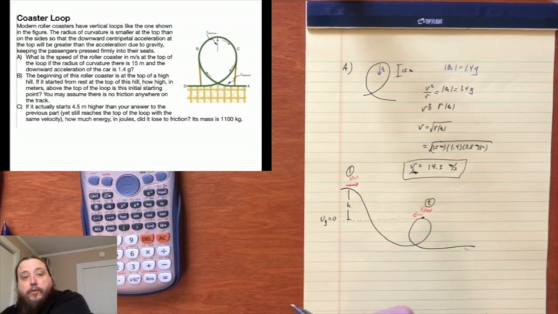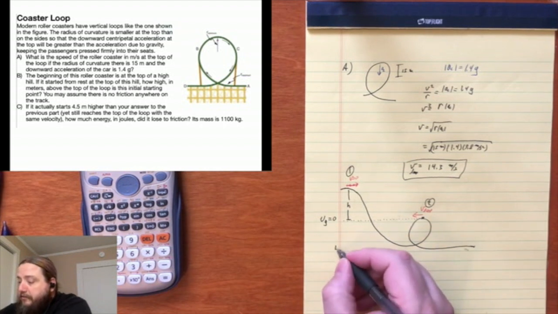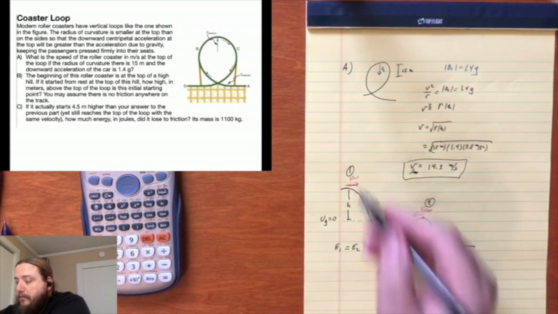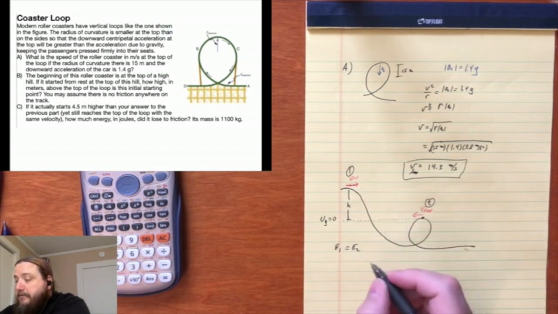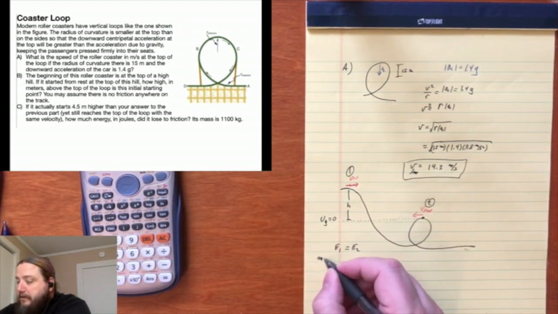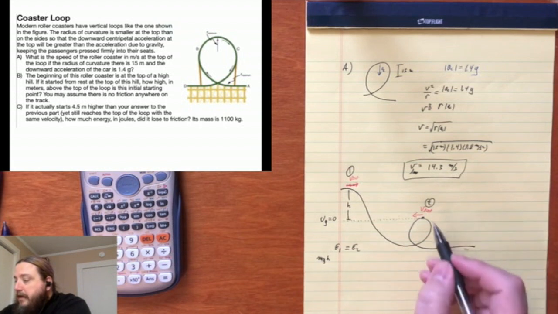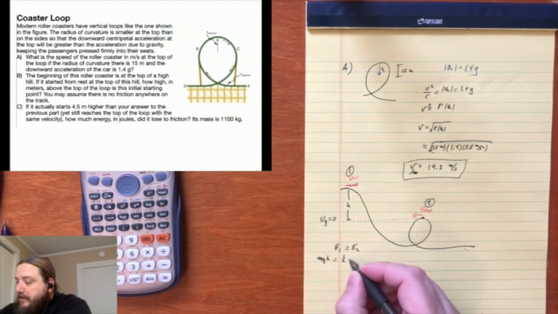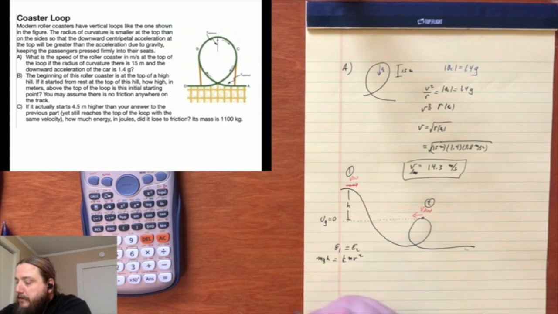We're going to assume there's no friction so that energy is conserved. Energy 1 equals energy 2. At moment 1, the only energy we have is the gravitational potential energy, mgh. And at moment 2, the only energy we have is the kinetic energy, 1/2 mv squared.